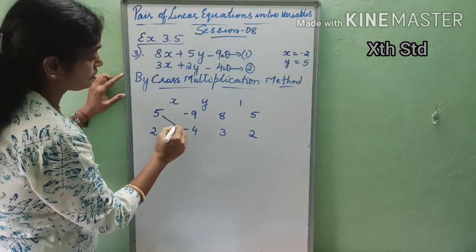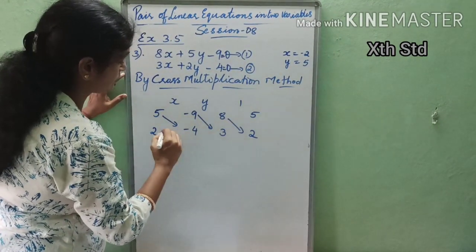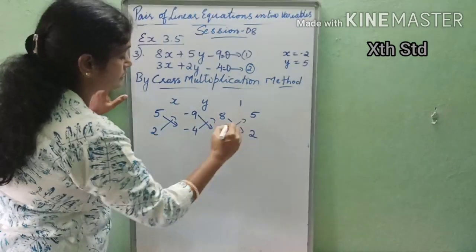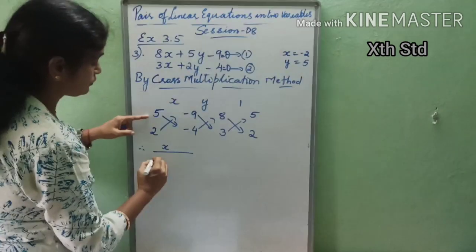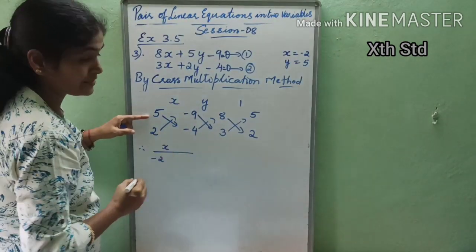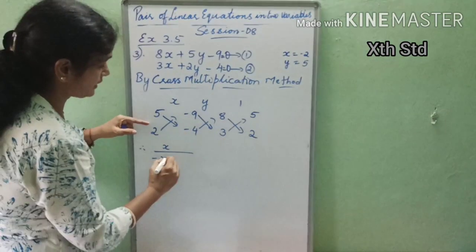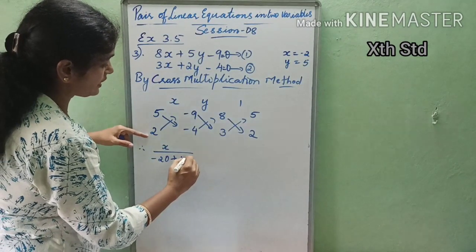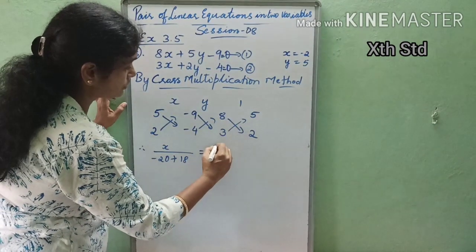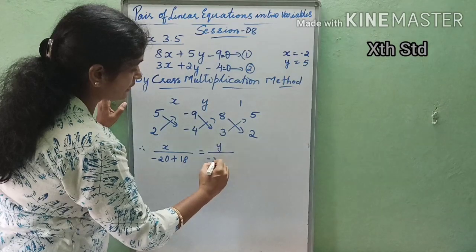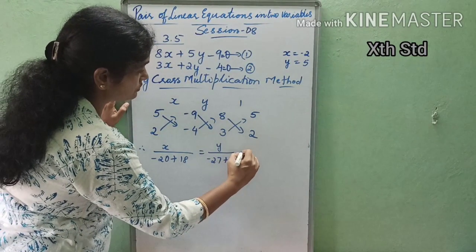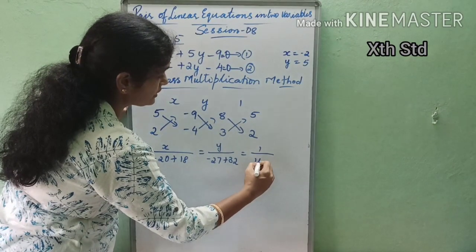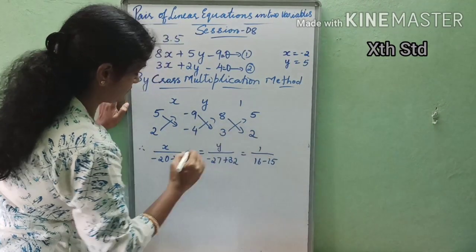Then cross multiply like this. Therefore, x by (5 into minus 4) is minus 20, plus 18, equal to y by (minus 27 plus 32), equal to 1 by (16 minus 15).